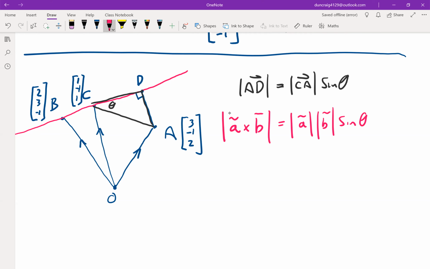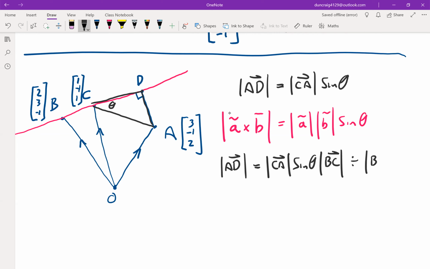Well, I'm going to rewrite out that exact equation as I did before. So I'm just going to say AD is equal to CA sine theta. And what I'm also going to do is multiply that value by BC, and I'm also going to divide by BC.